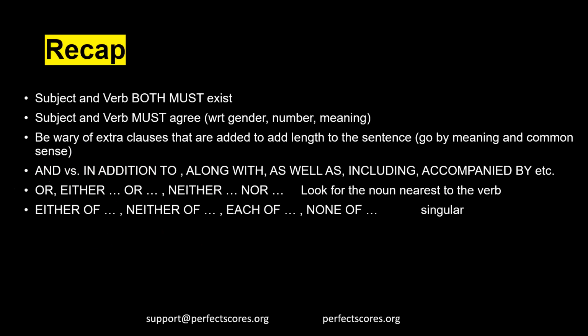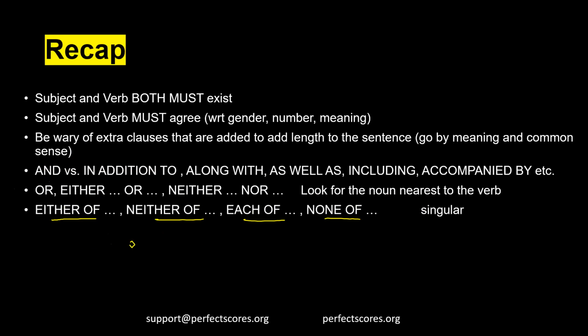The next rule is when you have either of, neither of, each of, or none of, it is always treated as singular. For example, either of you can join next week's class. Each of you can join next week's class. So right now I'm using join, which will work fine for all of the singular and plural subjects.